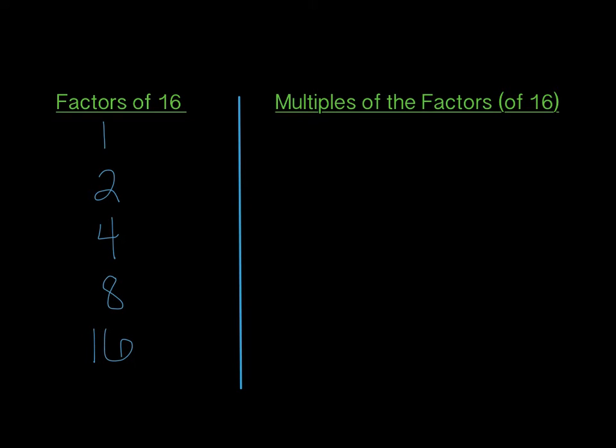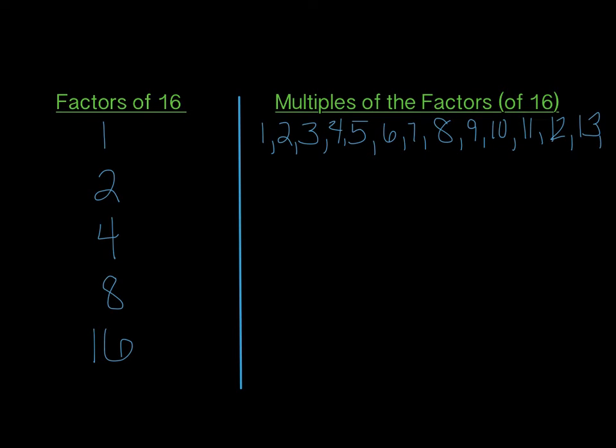When I look at the multiples of the factors, if I wanted the multiples of 1, I would start with 1, and then of course I'm going to go all the way to 16. If I can fit them on here, which looks like I might have to go to the next line.